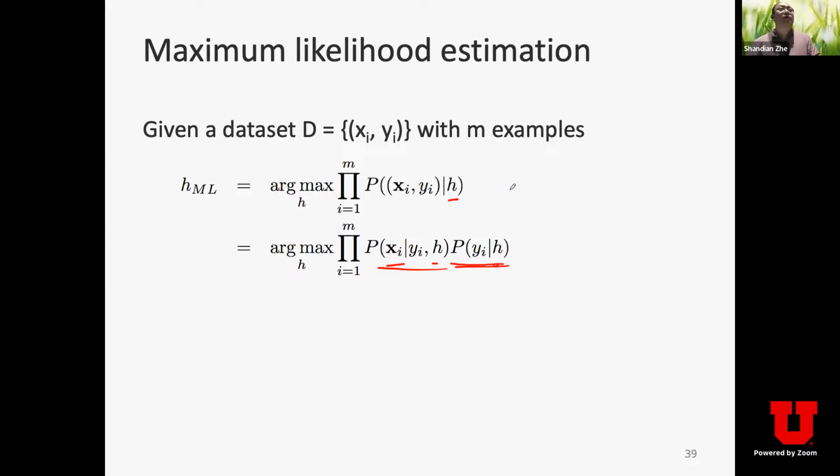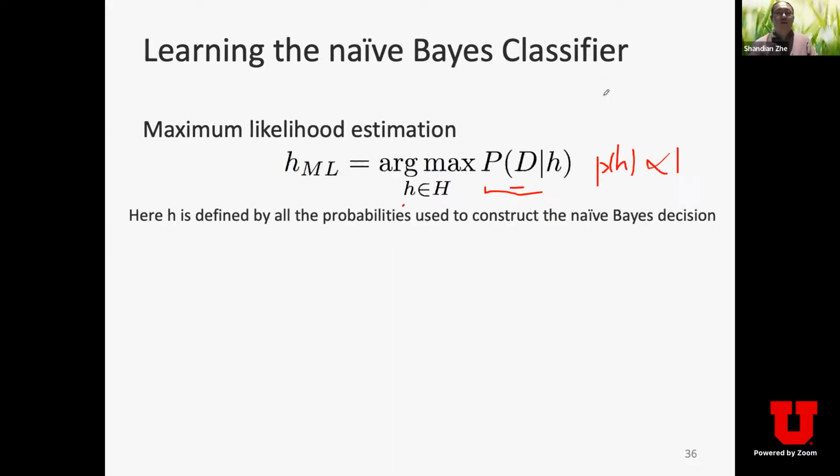For h here, as I mentioned, we also can assign a prior over h. But here, we just assume this h is uniform. So that means its prior is simply constant. That's why when you multiply P(h), you just multiply a constant.